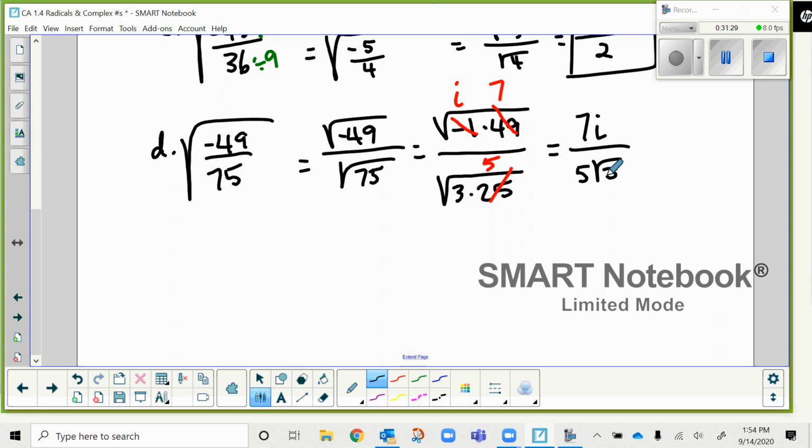The way you get rid of a denominator radical is you multiply it by itself. So you multiply square root of 3 by square root of 3, and the radical cancels out.